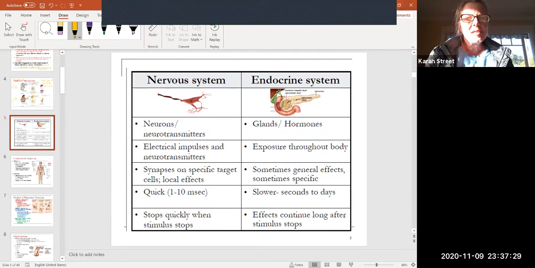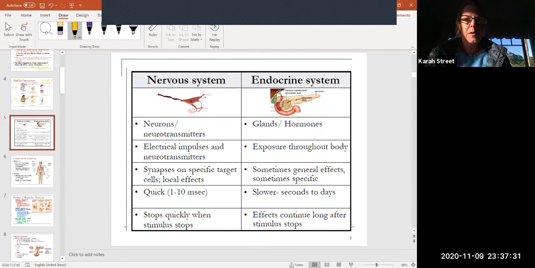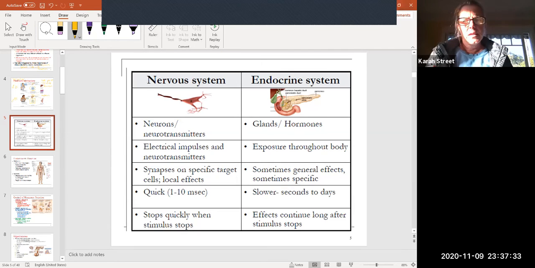The fastest working hormone is a steroid, and it takes 45 minutes for that to provoke changes in the target cell. That might not seem like it's very fast, but 45 minutes to change gene expression, transcription, translation, and change the physiology of a target cell, that is actually pretty fast. And some hormones can last days, months.